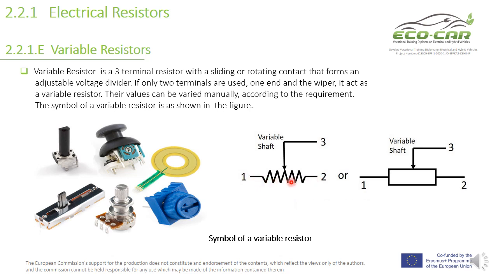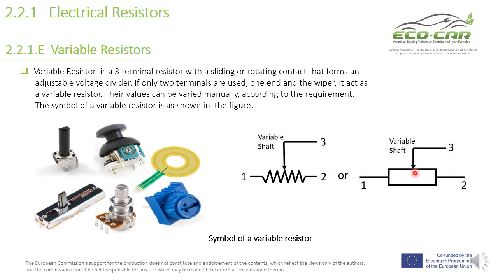The resistance between pin 1 and pin 2 is fixed, and the variable resistance comes through pin number 3, relative to number 1 or number 2. So if this arm goes in this direction, the resistance between 1 and 3 is increasing, and the resistance between terminal 3 and terminal 2 decreases.